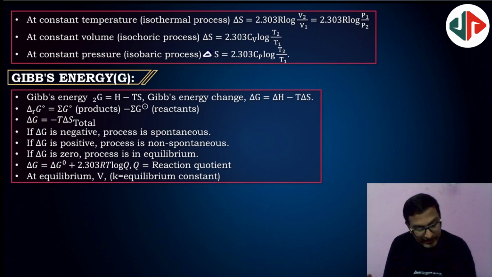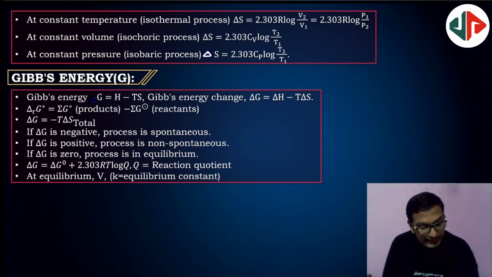Next, Gibbs energy, denoted with G. G equals H minus TS, or change in free energy, delta G equals delta H minus T delta S. For reactions, it is the summation of free energies of products minus the summation of free energies of reactants.